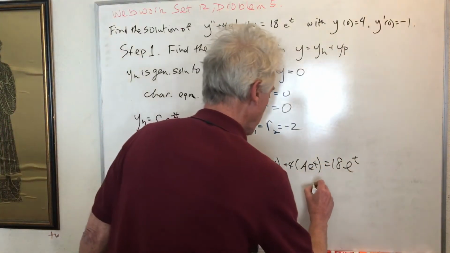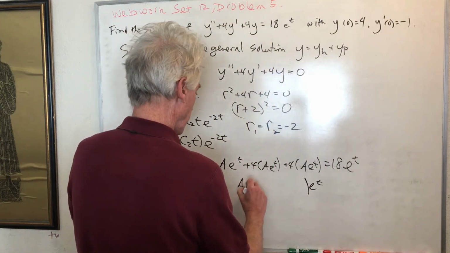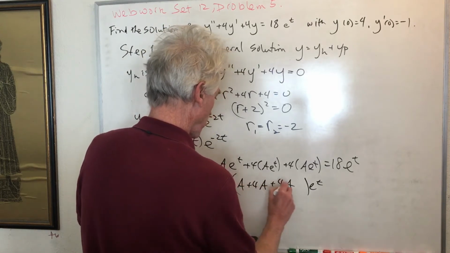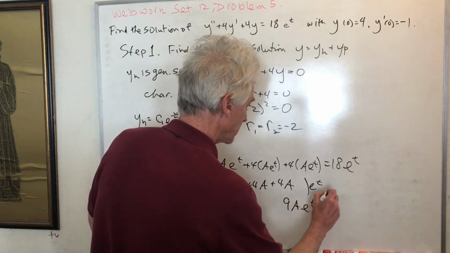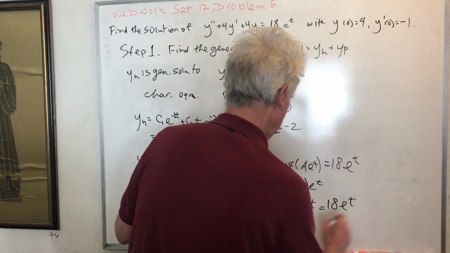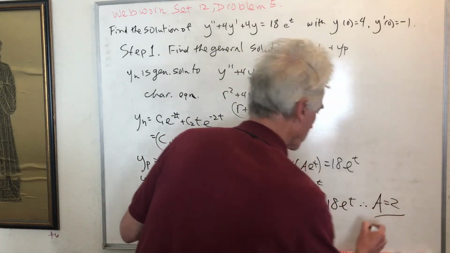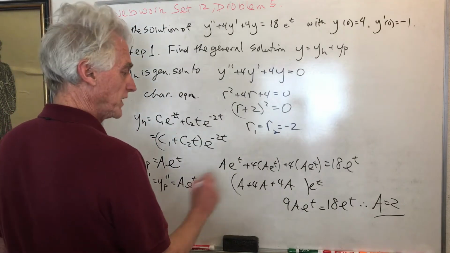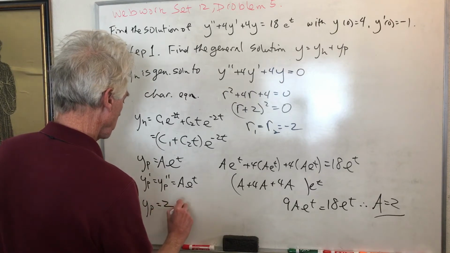So factor out the e to the t on the left side, and I get A plus 4A plus 4A, 4, 8, 9. I get 9A e to the t equals 18 e to the t. So A, therefore, A is 2. And I get yp is now 2 e to the t.